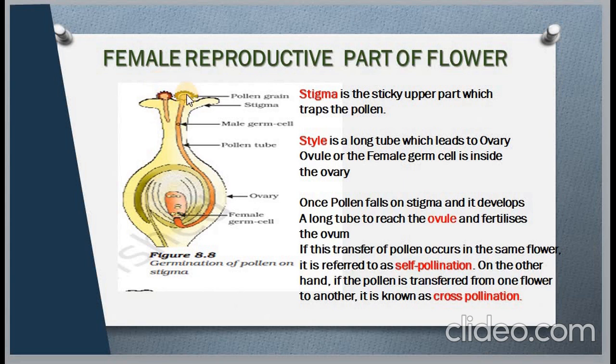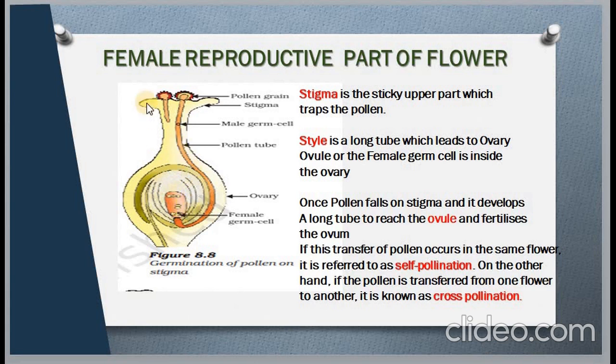So this pollen develops a tube-like structure known as pollen tube through which it is able to reach the ovule, and now there happens a fusion of the male germ cell from the pollen and it mixes with the female germ cell that is in the ovule, and they give rise to the formation of the zygote.